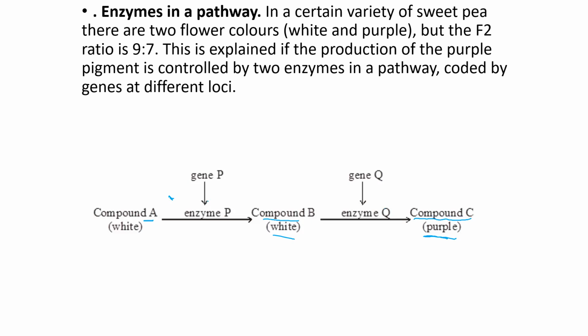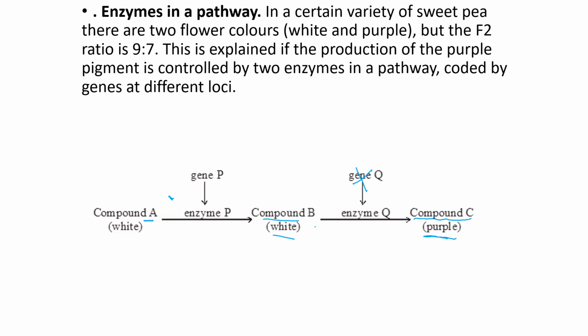So in order to get your final product, you need two genes which make two separate enzymes, okay? Now, any sort of disruption in any of these genes is going to cause a problem. So for example, if gene Q stops working, you still have plenty of enzyme P, which means, of course, you get a buildup of compound B. So the plant flower still looks white because compound B is white.